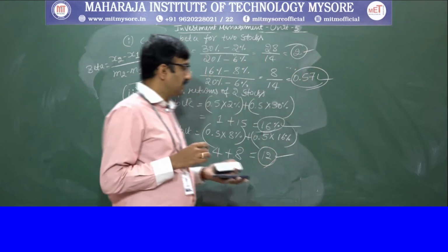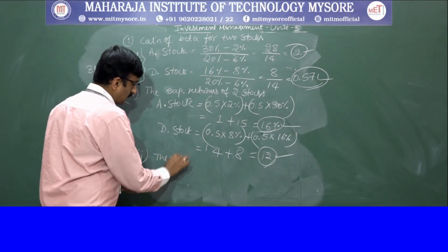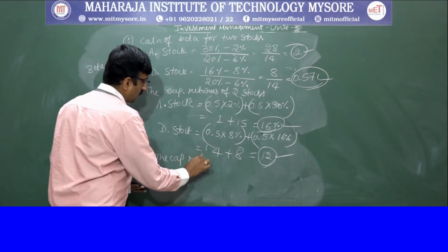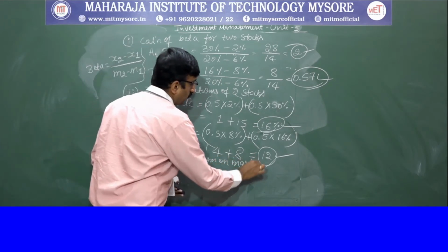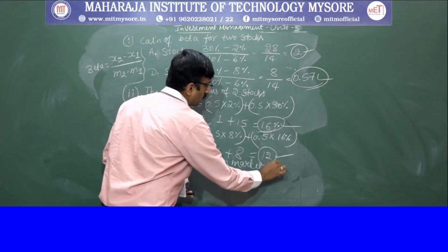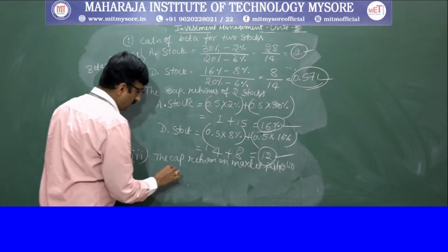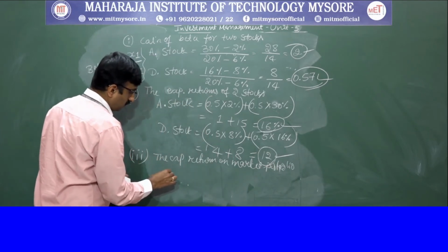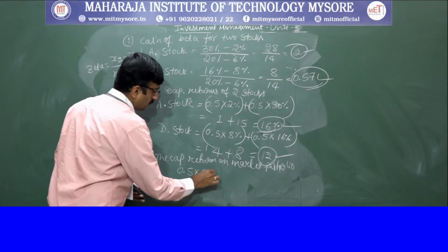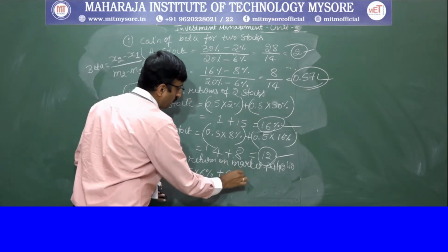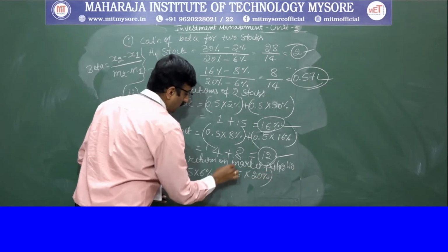So the expected return on the market portfolio is 0.5 into 6% plus 0.5 into 20%.